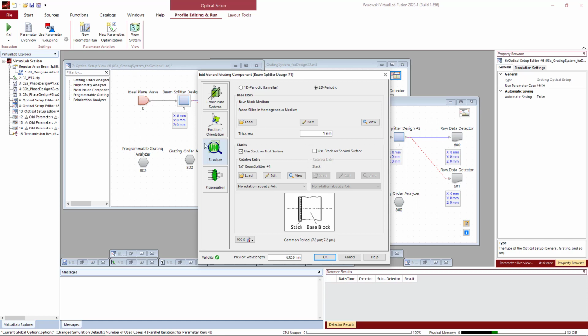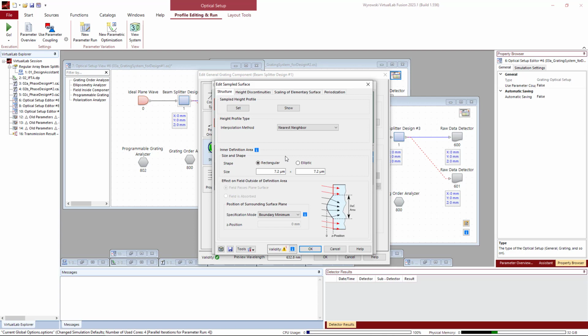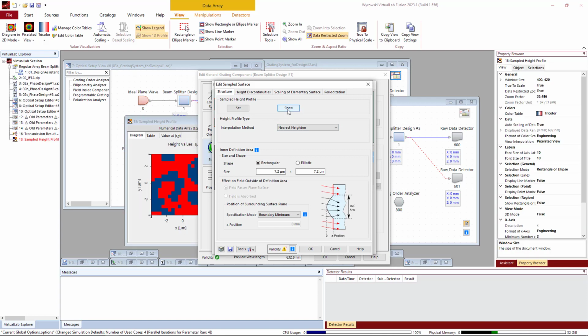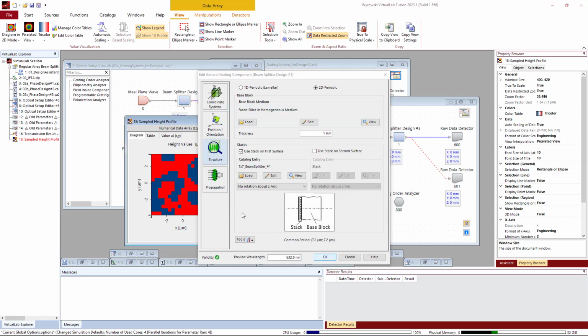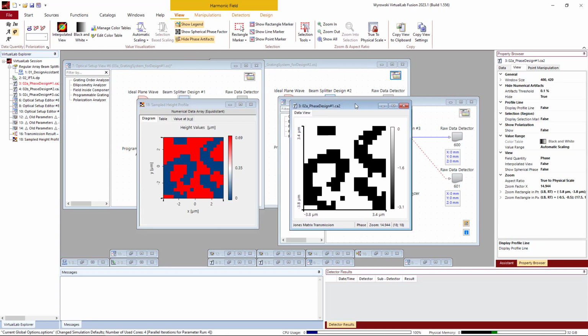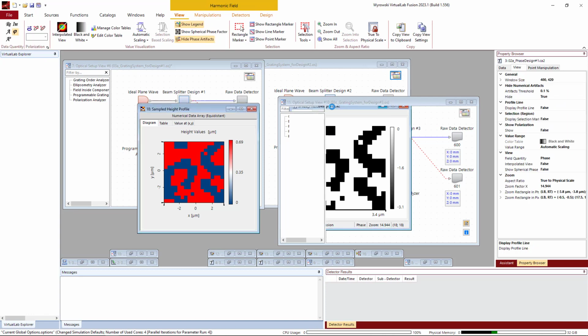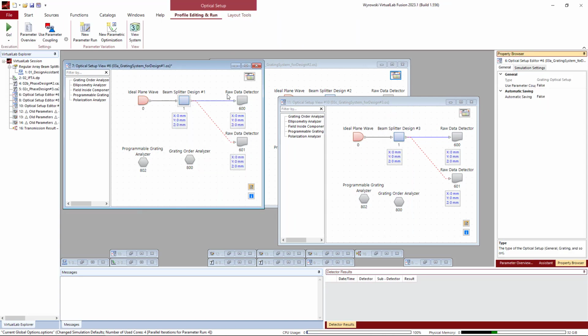For design number 1, for example, I go into the component and I want to take a look at the height profile of that structure, and I have it right here. We can see that there is a proportional relationship between the height of the structure and the phase of that transmission function. So that's basically what the thin element approximation did here, and the same for the 3 designs.